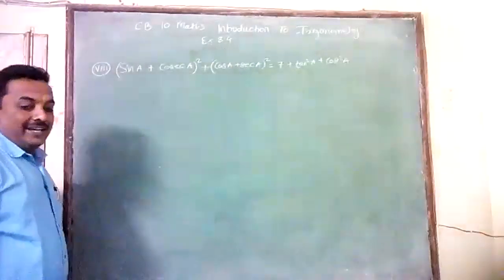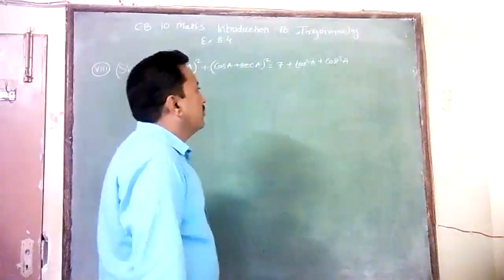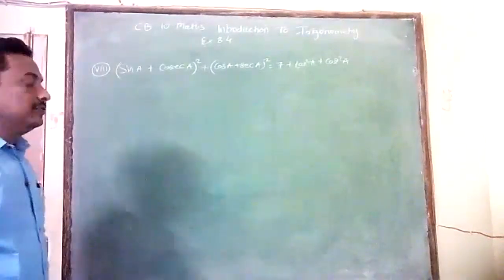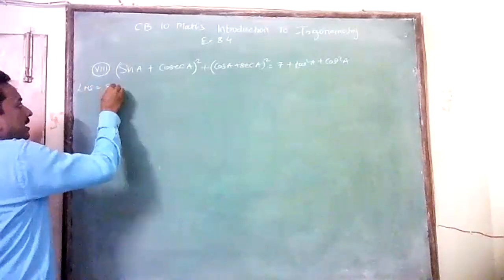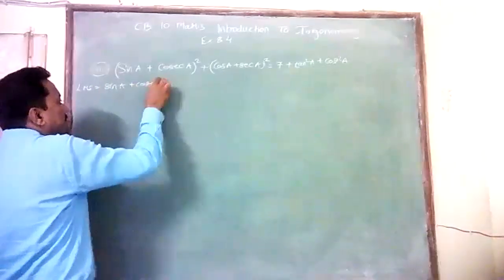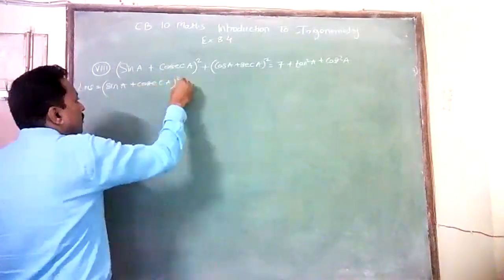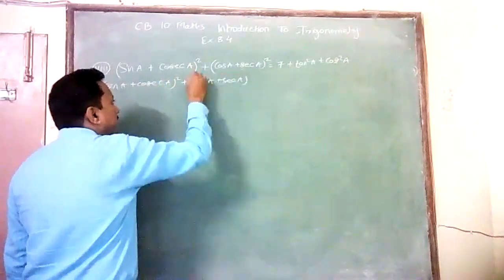So the question is: sin a plus cosec a whole bracket square plus cos a plus sec a whole bracket square is equal to 7 plus tan square a plus cot square a. So simple question. Sin a plus cosec a whole square plus cos a plus sec a whole bracket square.